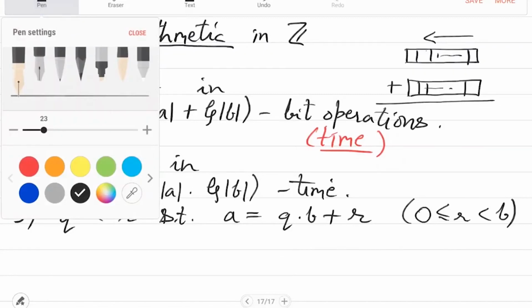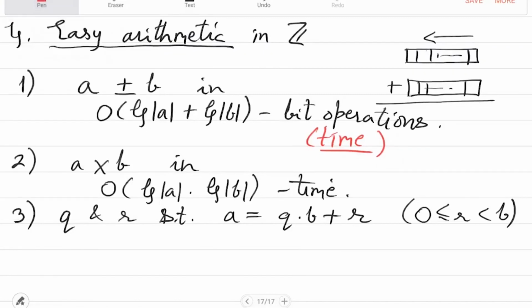So how do you do this long division? In how much time? You are given A and B in bits again, and you want to find Q and R. It is very similar to multiplication. Its time complexity is exactly the same as multiplying Q with B, right?